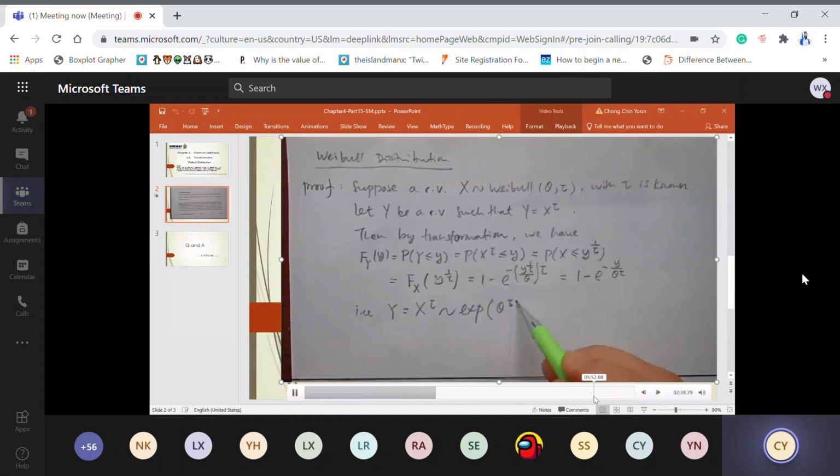Then this exponential distribution will give this parameter, which is equal to the sample mean, which is the summation of xi to the power of tau, where i is from 1 to n, divided by the total sample size n.